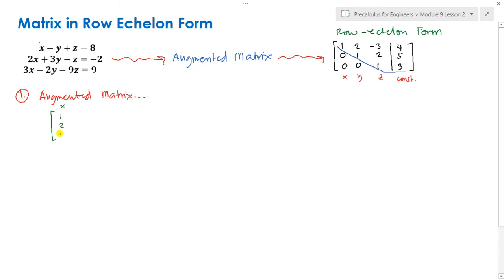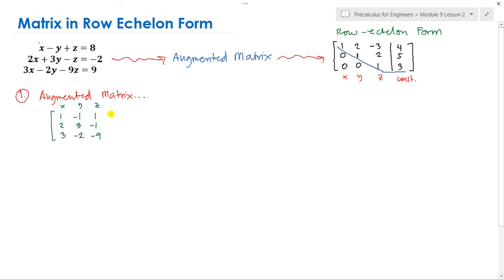Sunod, 2 and 3. How about for y? This is negative 1. Naay kaduha? 3. And negative 2. Next, for z, we have 1. Next, negative 1. And then negative 9.